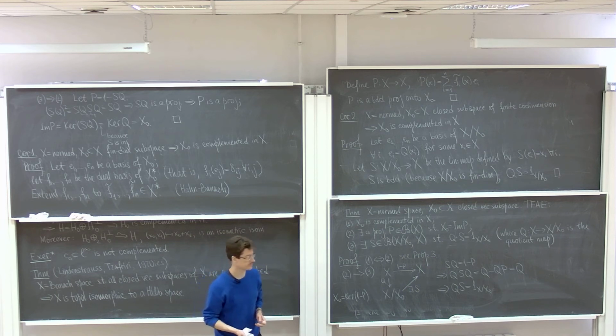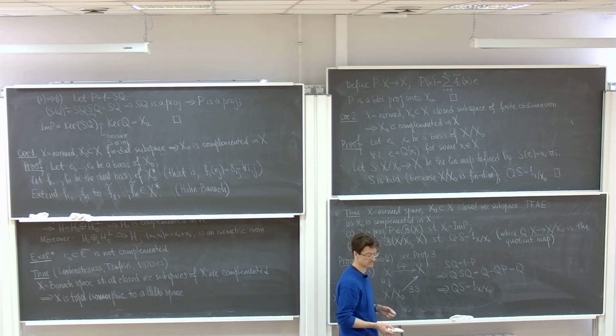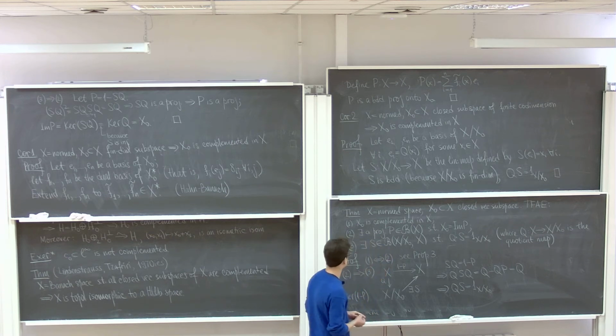We could also realize this X0 as an intersection of kernels of some linear functionals, or it would be more complicated. That's true, but I don't see how this can help to prove that it is complemented.